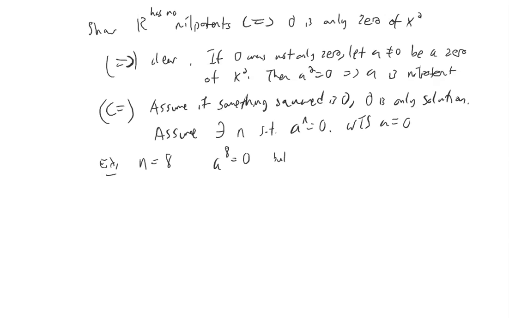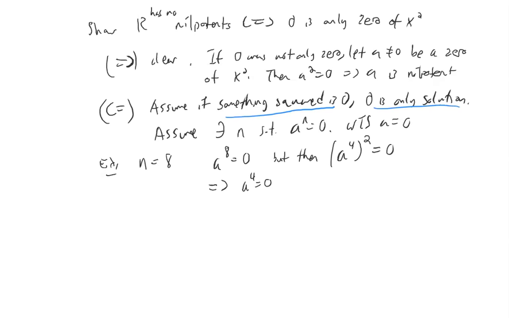But then a to the 8 is just a to the 4 squared, right? Now using this, I have something squared is 0, so 0 is the only solution, right? So using the blue underline, I know a to the 4th is 0, because a to the 4th is a zero of x squared.